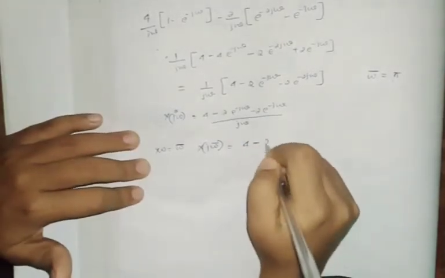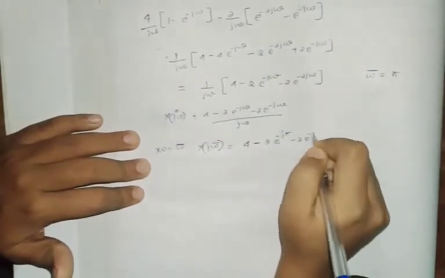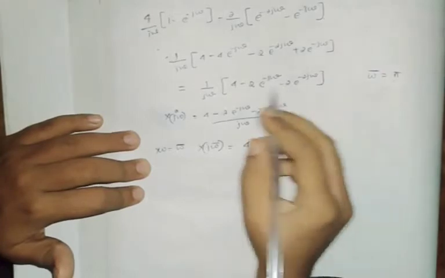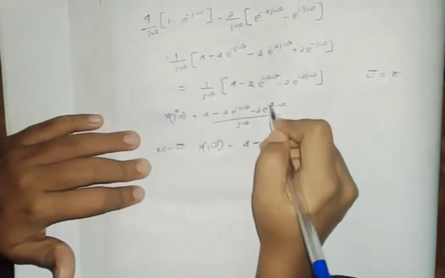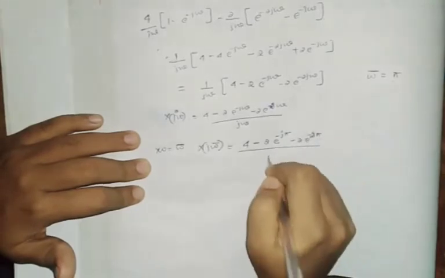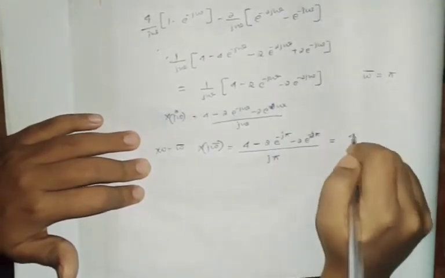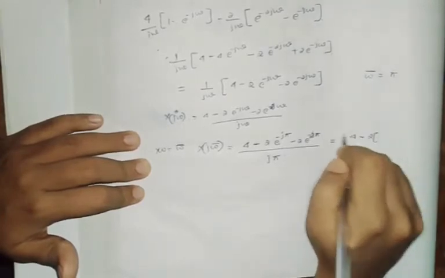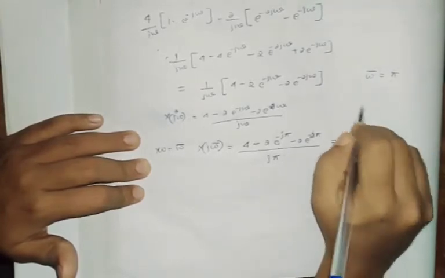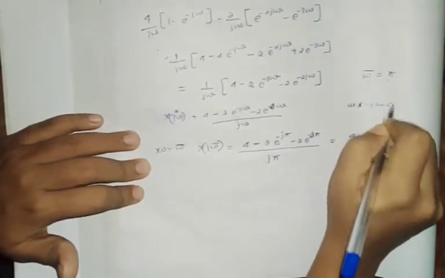So 4 minus 2 into e raised to minus j pi minus 2 into e raised to minus j, this is 2, right, 2j pi, the whole divided by j pi. Okay, we will get 4 minus 2 into e raised to minus j pi is cos pi minus j sin pi minus 1.